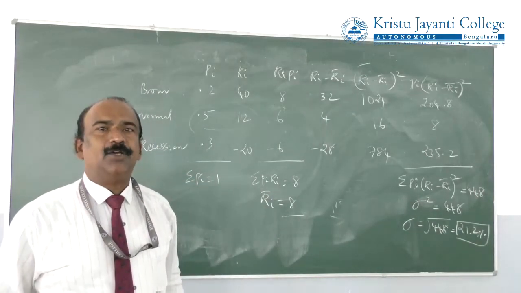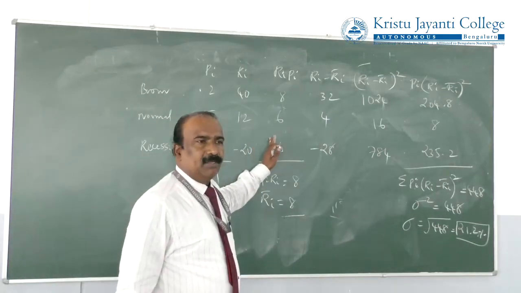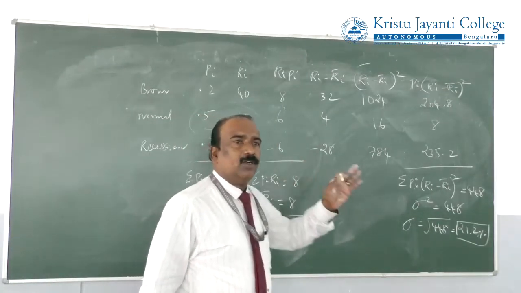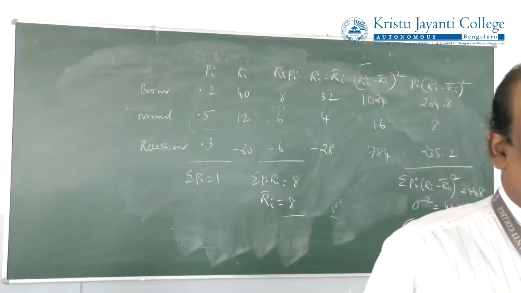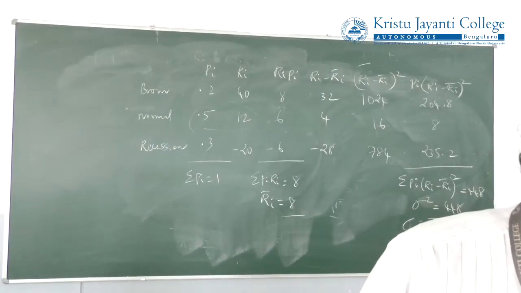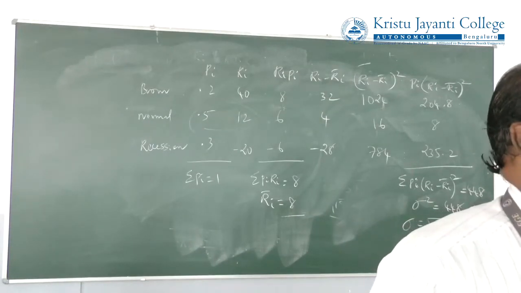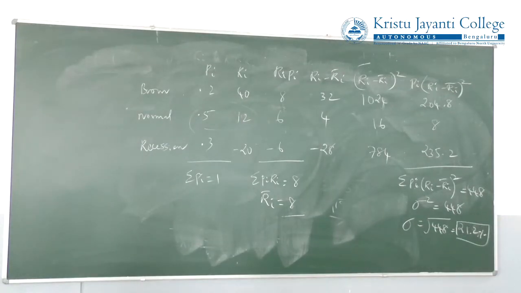So in that scenario, how to calculate mean return and standard deviation? Procedure is same. First you multiply Pi with Ri. The sum of Pi Ri itself is called R bar. Not dividing it by n, because here we don't have an n, we have only economic conditions, so we cannot divide it by n.